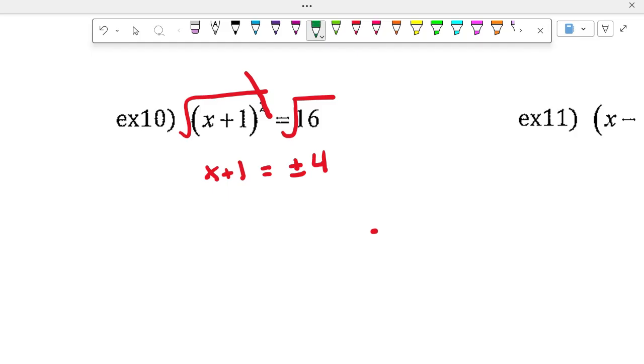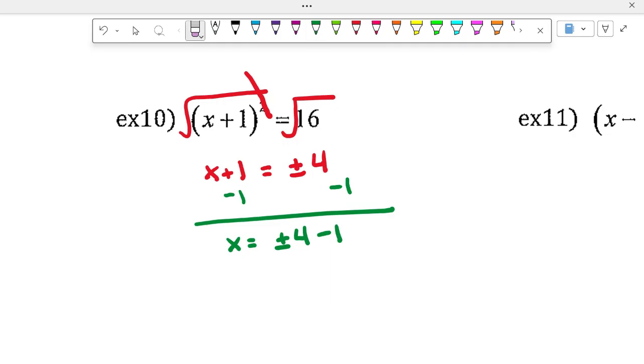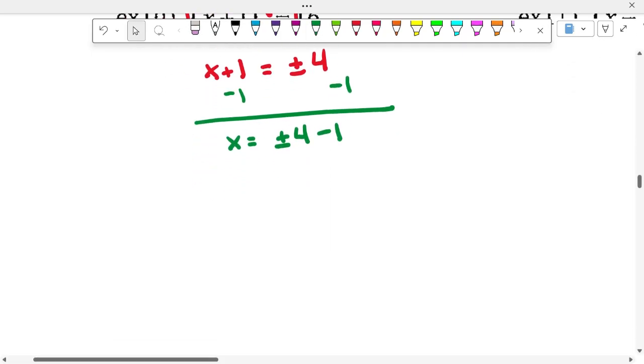Now, I can get the x by itself. How? Minus the 1. So I have x is equal to plus or minus 4 minus 1. Now, what did I say you can do to finish simplifying that? We did one like this a little earlier. What do you do to take care of that plus or minus? So we can get 2 different number answers.